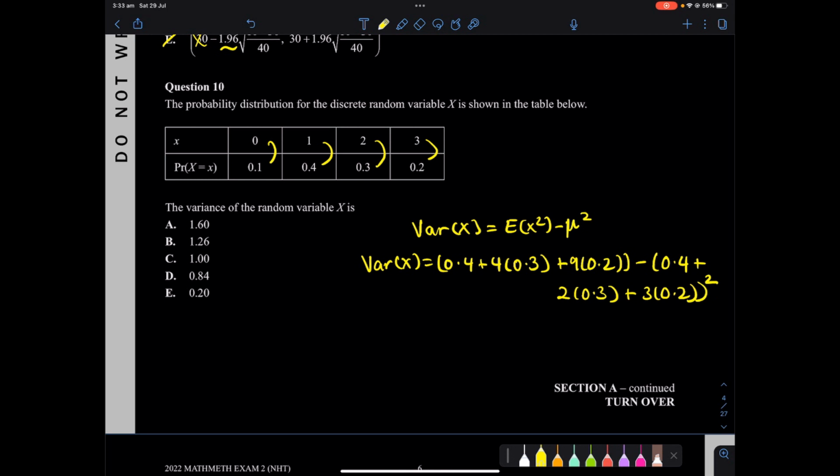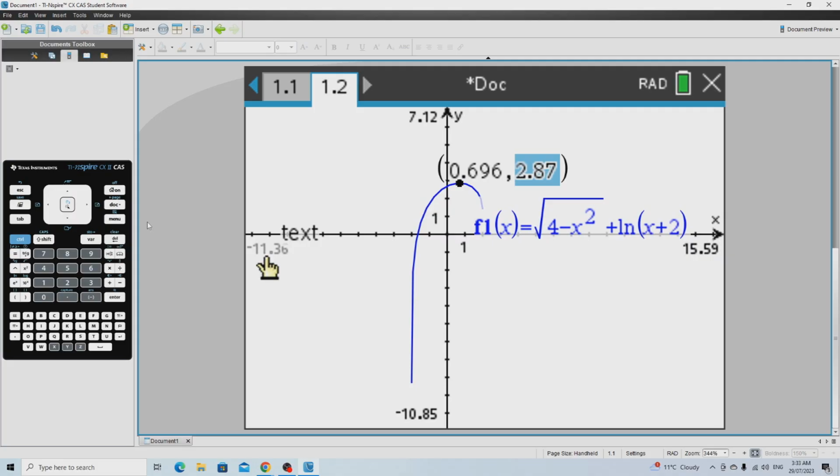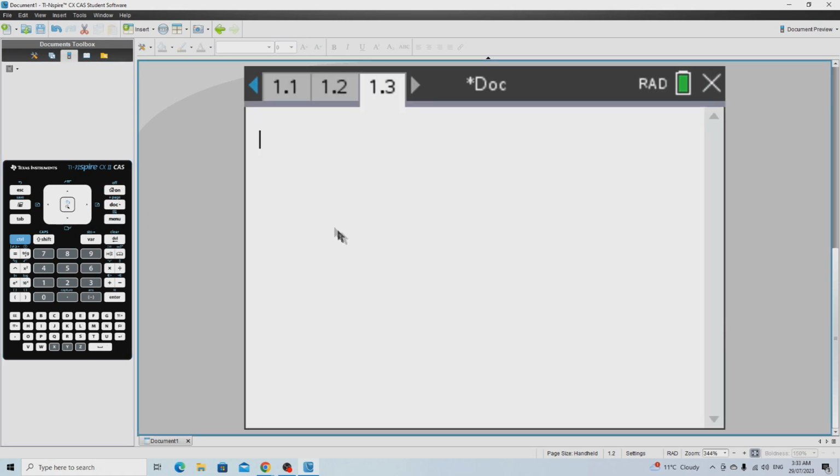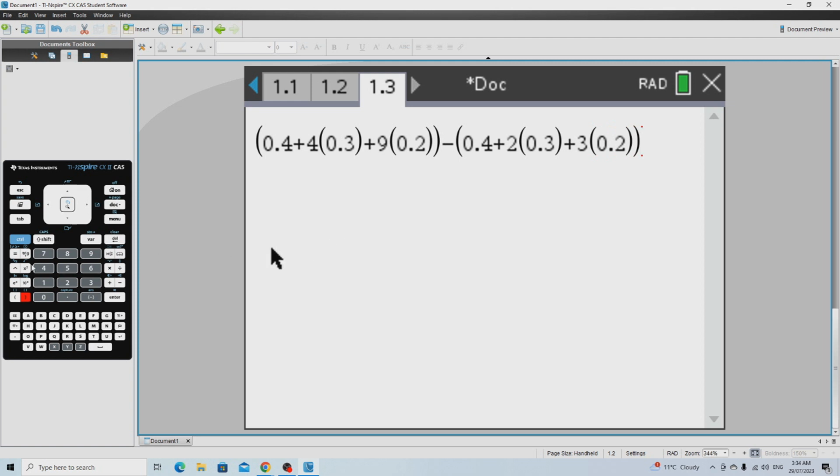Now putting this in my calculator: 0.4 plus 4 times 0.3 plus 9 times 0.2, minus (0.4 plus 2 times 0.3 plus 3 times 0.2) squared.